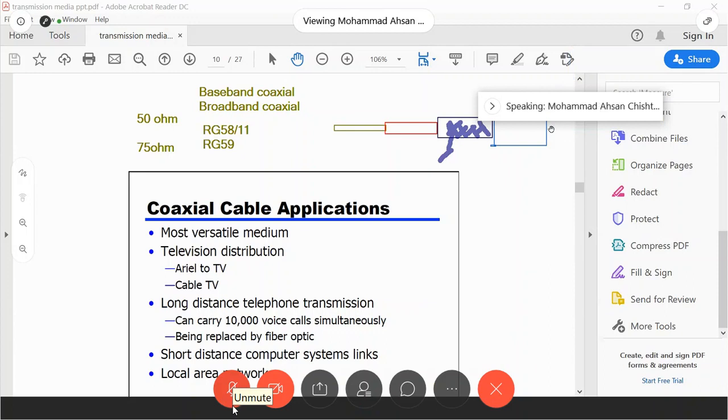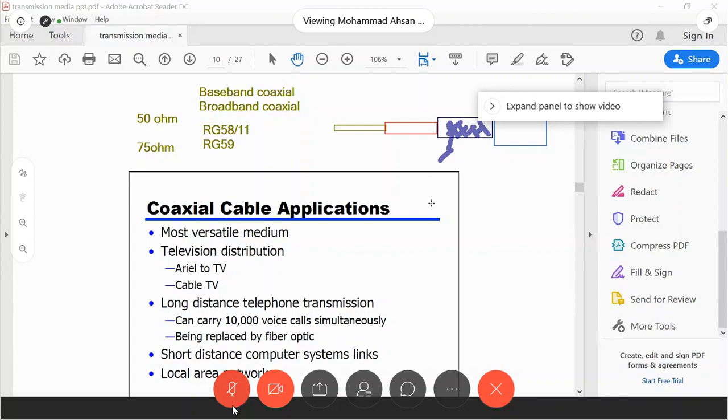The cable connection that comes to your home has a stiff core, insulating material, then a mesh, and then the plastic sheet over it. Going back, it can go for a kilometer, at a data rate of 1 to 2 Gbps. And this is the cable that would have the BNC connectors that I talked about just now, the bayonet nail concealment connector.